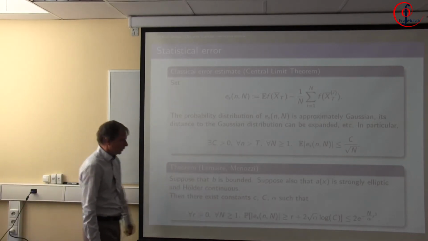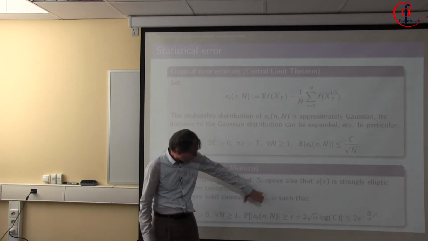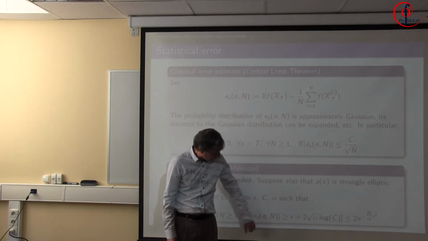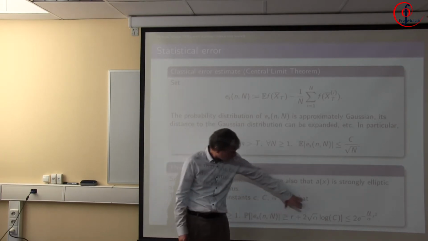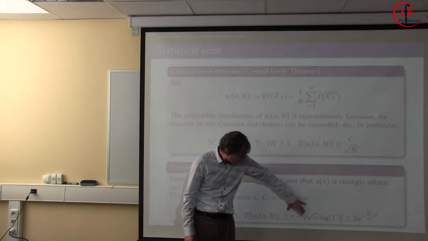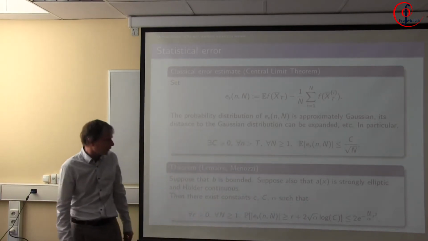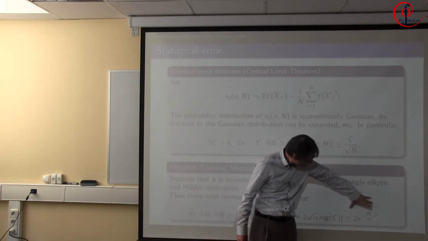So it's a concentration type inequality, which tells you that the probability that the statistical error corresponding to capital N samples of the Euler scheme takes, in absolute value, a value larger than R is controlled this way.